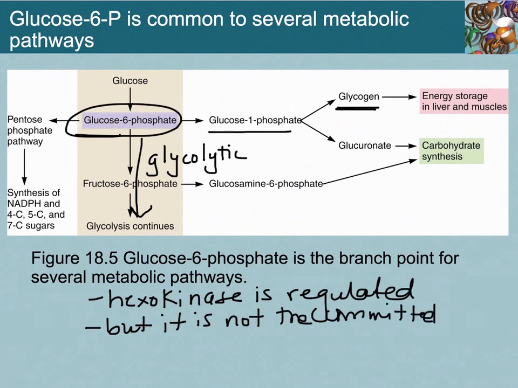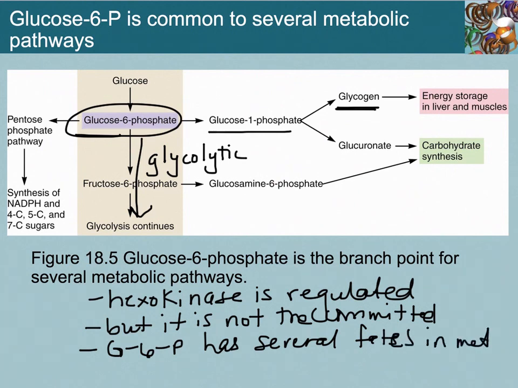And the reason why it's not the committed step is because glucose 6-phosphate has several fates in metabolism. Okay? So this would be a dot that has multiple branch points.